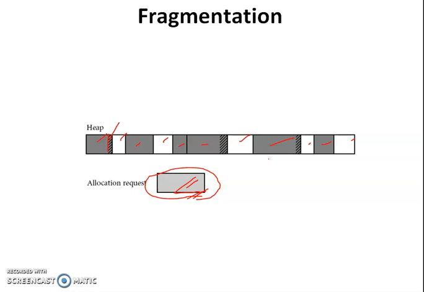From that set of blocks, it will be identifying one. I hope that you are aware of the best fit and first fit algorithms; I think you might have learned them in the OS itself. What was the difference? In the case of first fit, some list is there which has all free blocks.